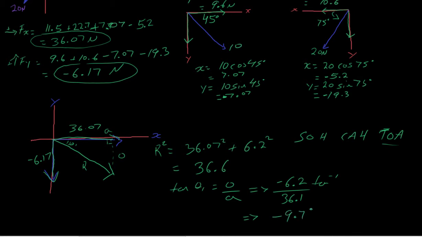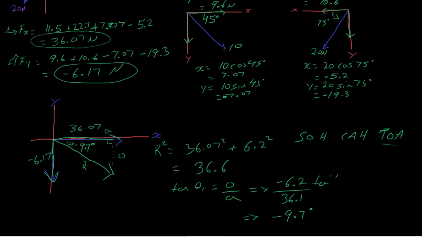So this is 9.7 degrees. Even if I didn't put negative there, I still would have got positive 9.7 degrees. And we know that our resultant is going to be in the fourth quadrant because we know the components are going down this way, and it has to be in the middle.